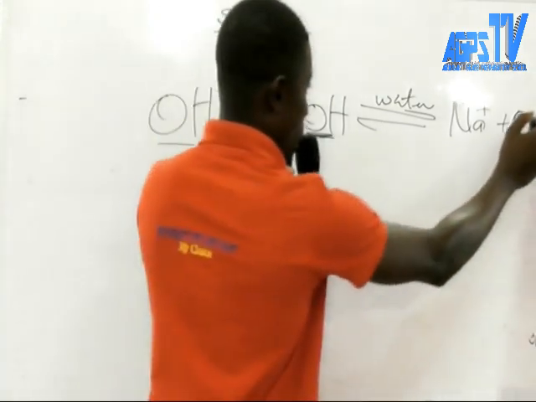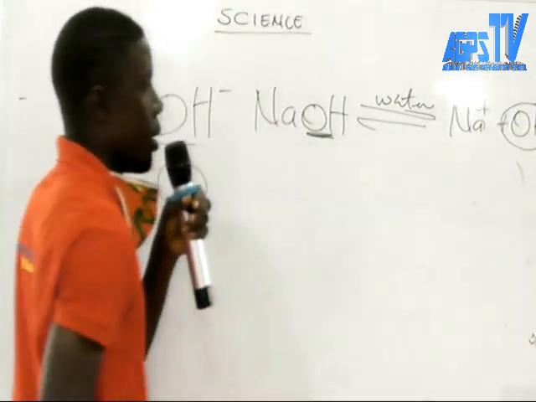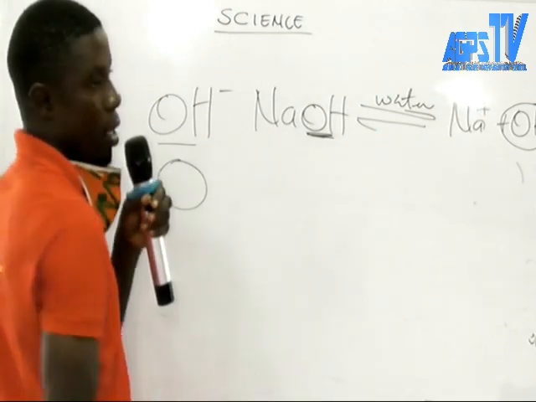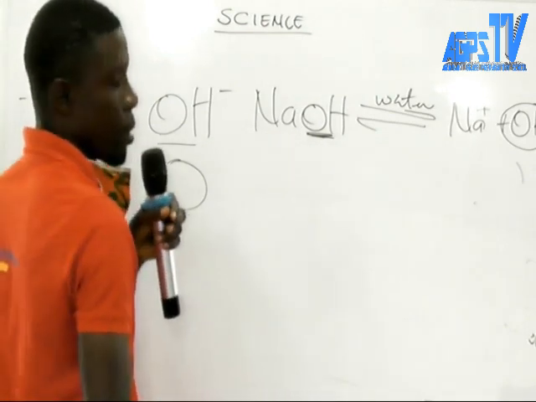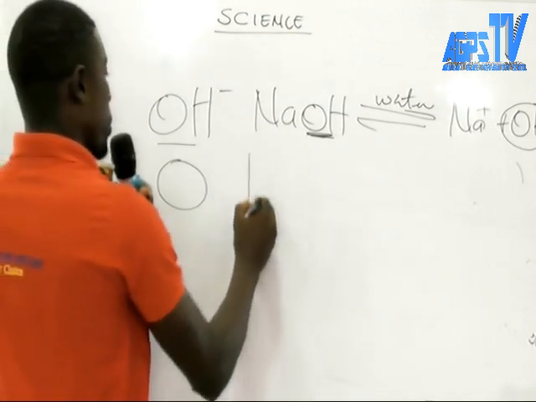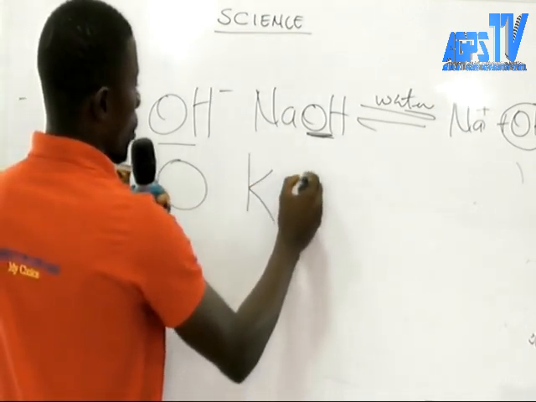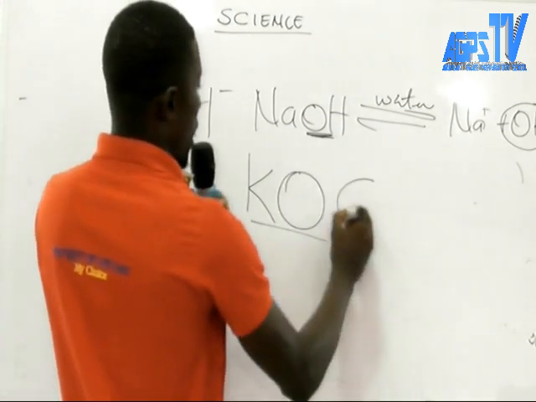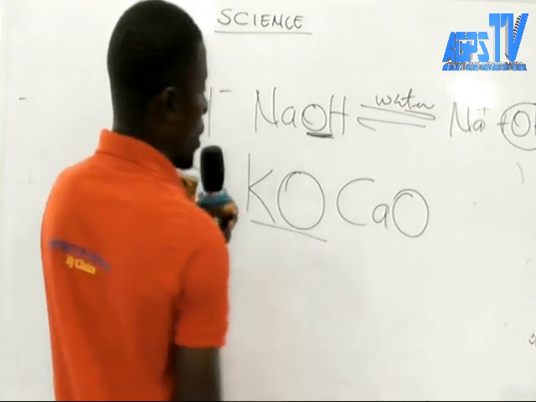So I'm talking about this. This one is very important. This is a typical example of a base. We also have potassium hydroxide. This one too is a base. Calcium oxide too is a base.